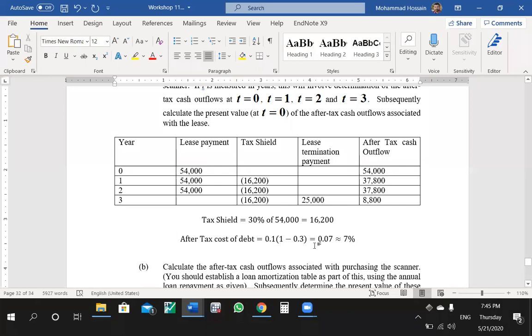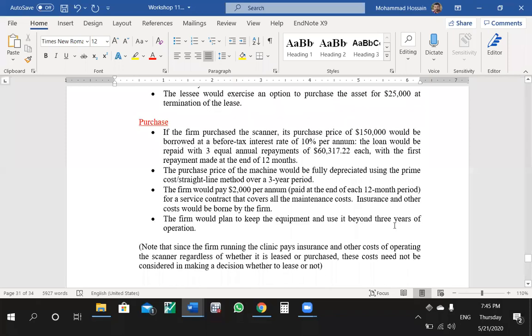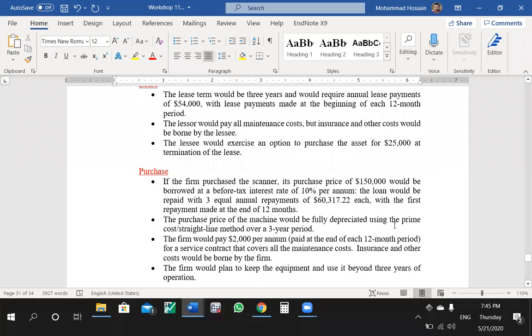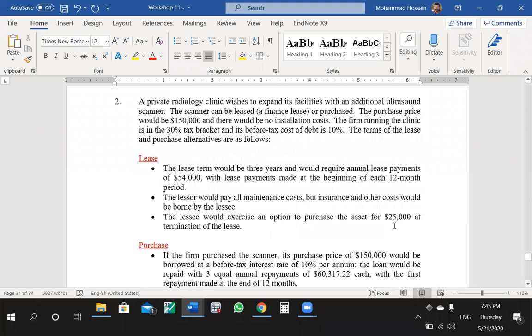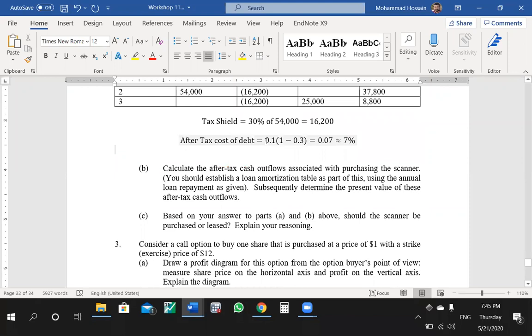Okay, what is the rule? How did you calculate this? Okay. Look, before-tax cost of debt is 10%. So what we have done is take the before-tax cost of debt, 10%, multiplied by 1 minus the tax rate, 30%. Okay, 7% will be the after-tax cost of debt.